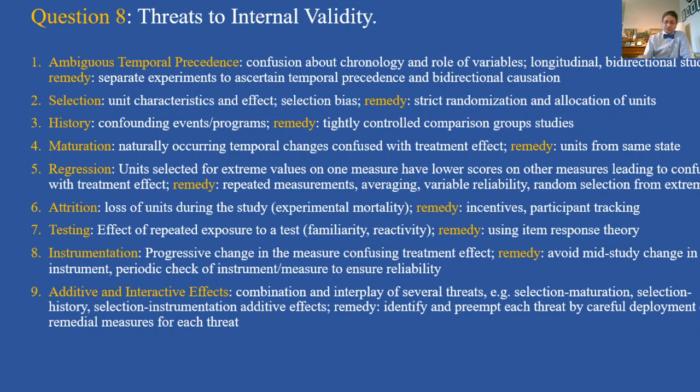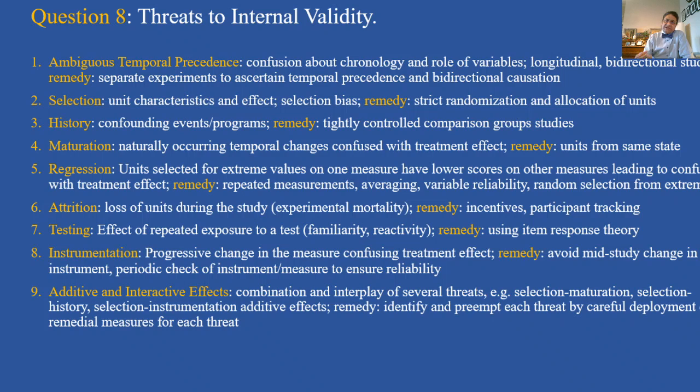Now, this is not due to any problem with the participants, but because of a problem with the treatment. Solutions can be difficult and are hardly foolproof, but may entail offering incentives, careful tracking, and trying to retain participants by all possible legal means to reduce the threat of attrition.